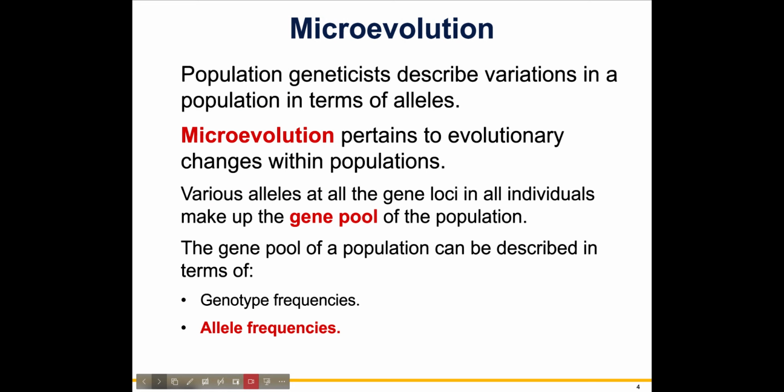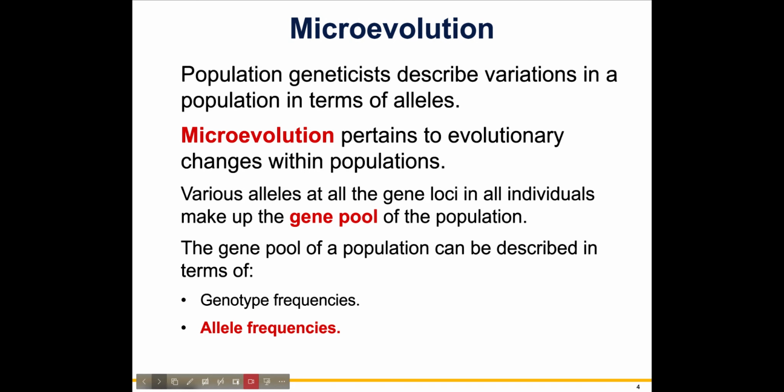And what we know is that there's already an inherent diversity within a population. So, there's various alleles at these different gene loci, and that is what gives us our gene pool. I like to think of a population sort of like a deck of cards, and every new generation is just reshuffling that deck of cards.